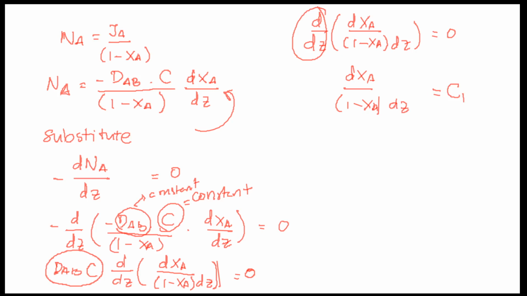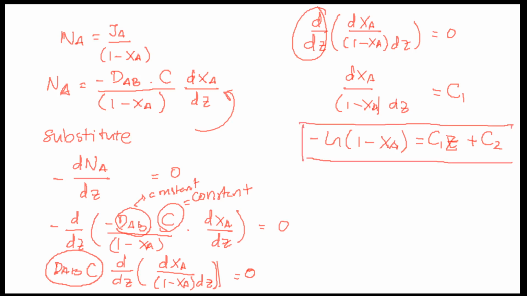Next we have another integration. It will give us C1 Z plus C2 equal to minus ln of 1 minus XA. So this is our final equation for the profile of XA over Z.